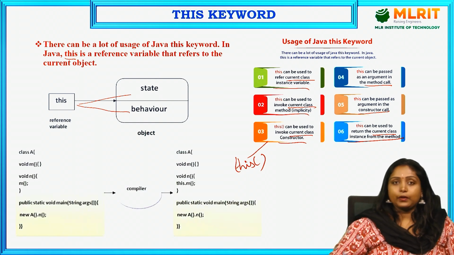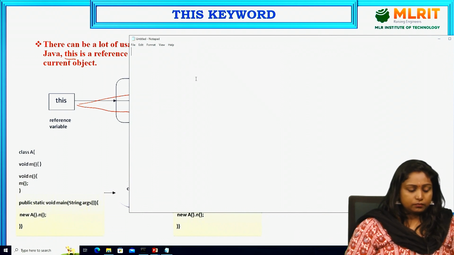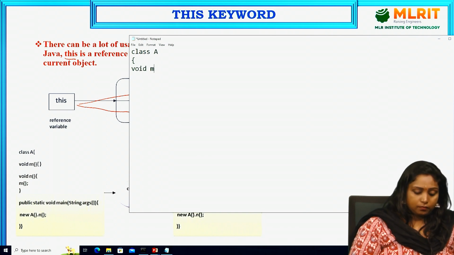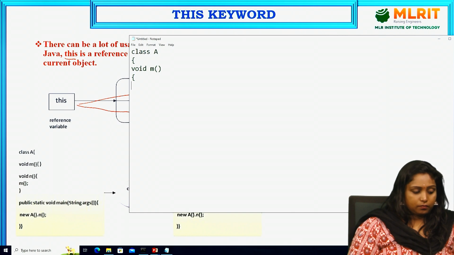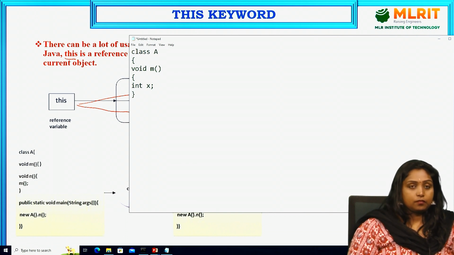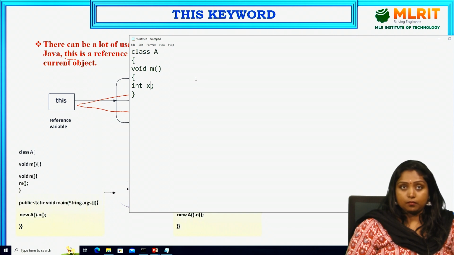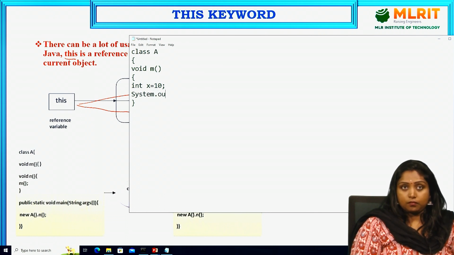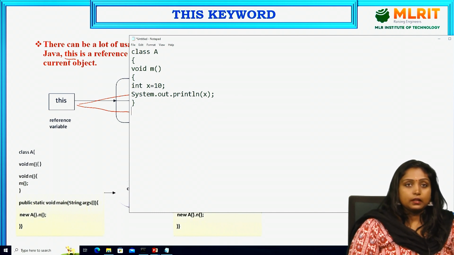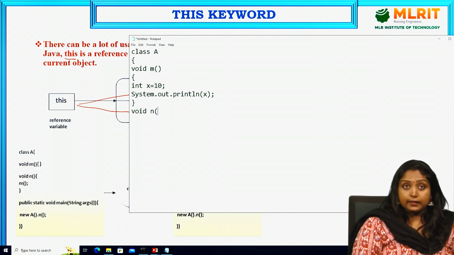So let us see an example for this. Class A. M is a method and N is another method.